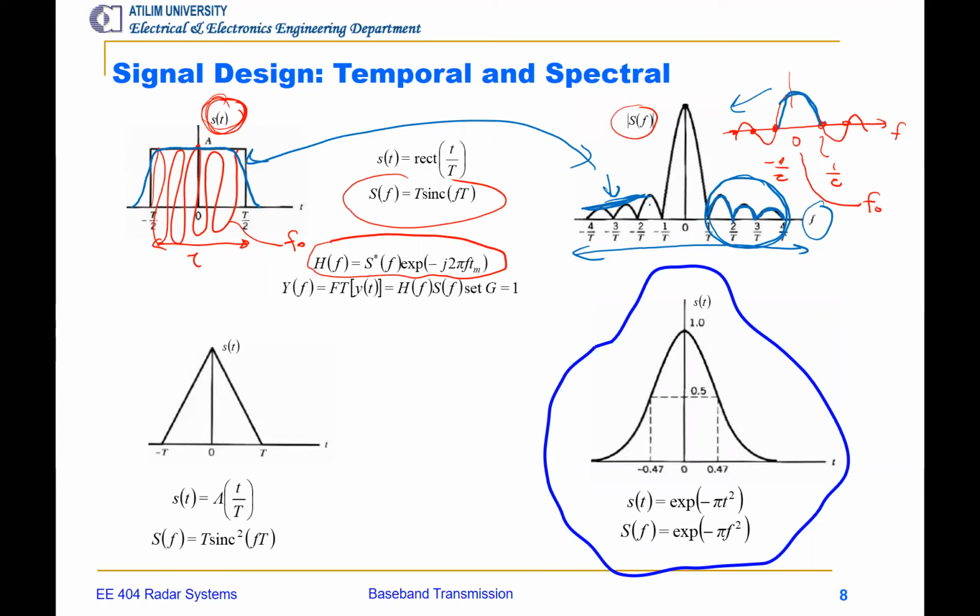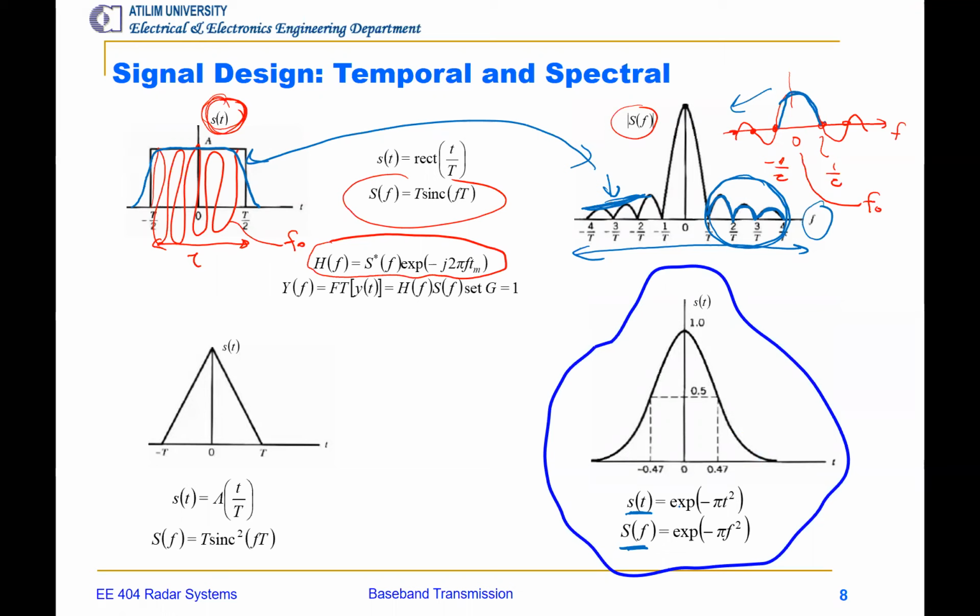Another way is to use a waveform whose spectrum can cover a very limited frequency band, and its side lobes are quite low or can be ignored.